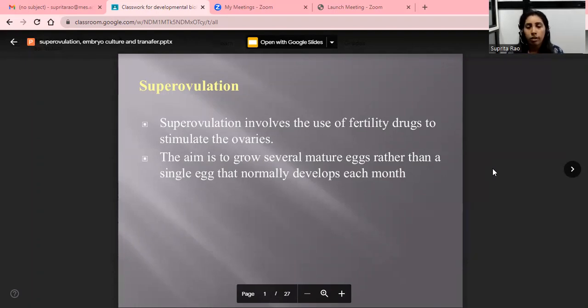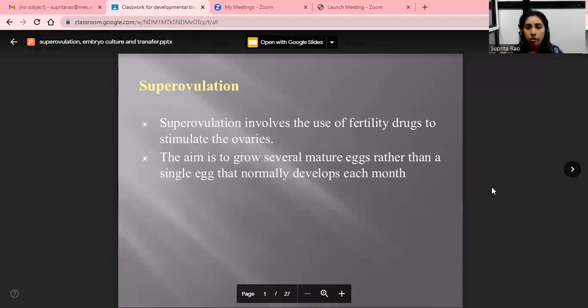So it is like an alternative process. So when this is happening, it may not lead to successful fertilization with relation to normal IVF. So then what is the solution to it? It is superovulation.